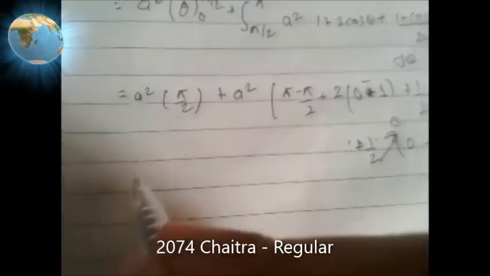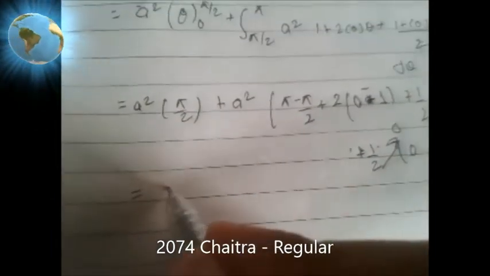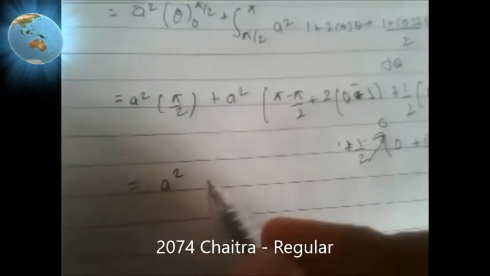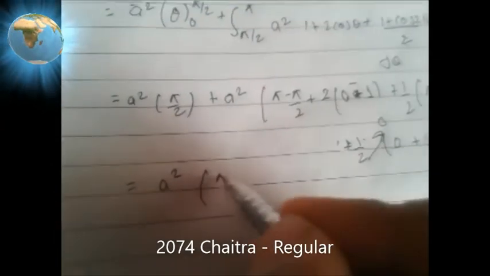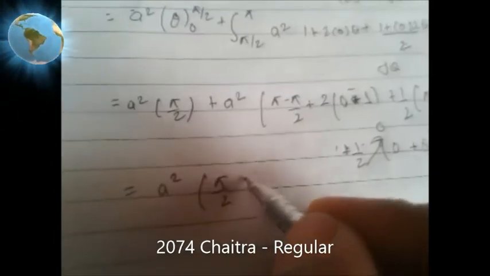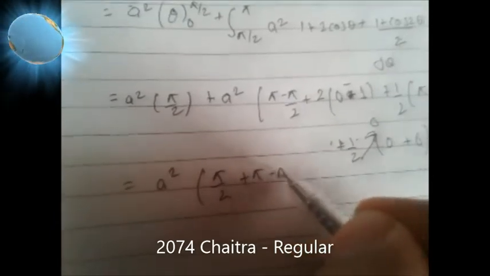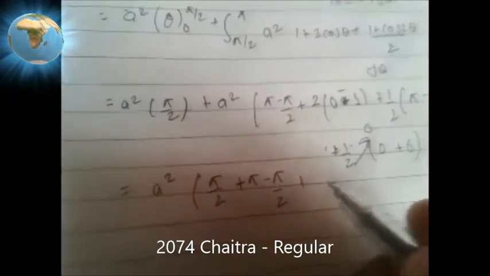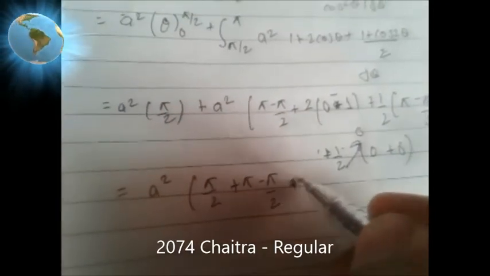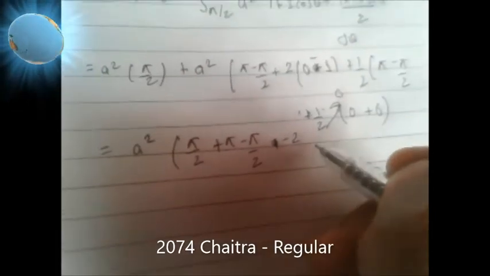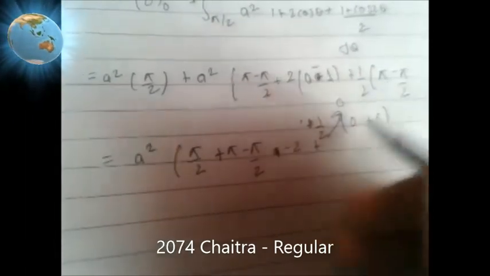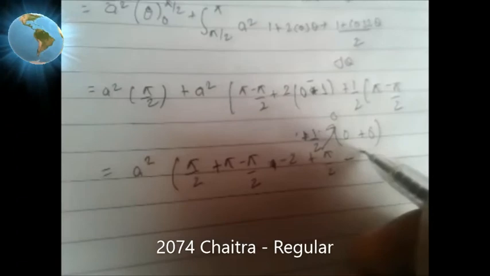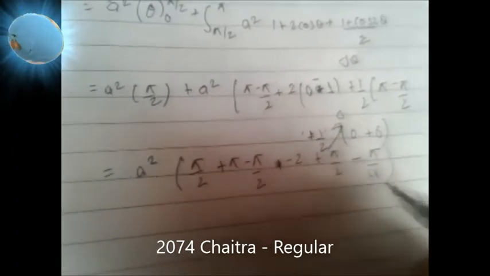Now a square is common, so we take a square common, and the remaining is pi by 2 plus pi minus pi by 2 minus 2 plus pi by 2 minus pi by 4.